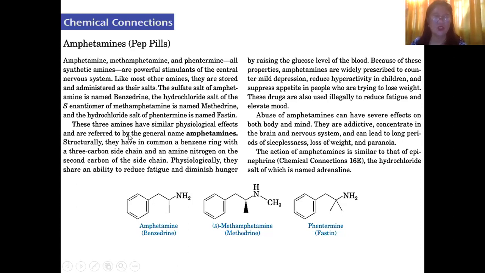There are three physiological effects of amines in the form of amphetamines. The first one is that this is a drug, and once you take it, it will reduce fatigue and diminish hunger. In what way? This will raise your glucose level in your blood. So that is one of the physiological effects of amphetamines.